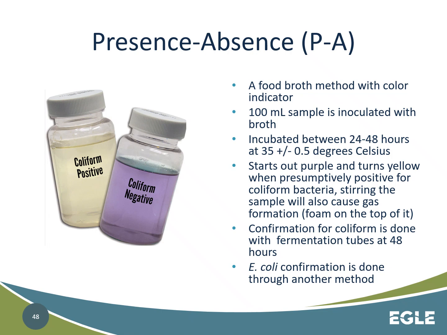If you have a slight color change at 24, you put it back in for up to an additional 24 hours to read the sample. What this does is it helps eliminate any interferences from iron and so on. And this literally only tells you whether you have coliform bacteria or not.